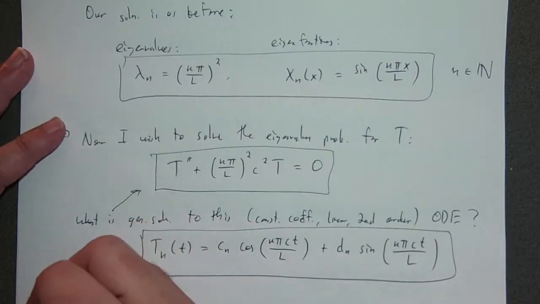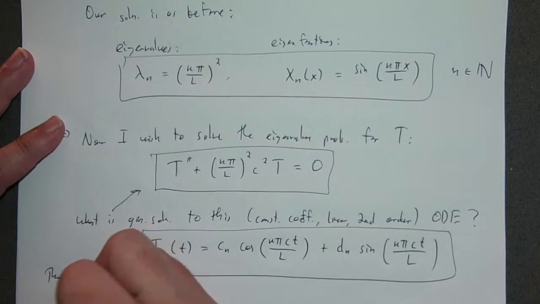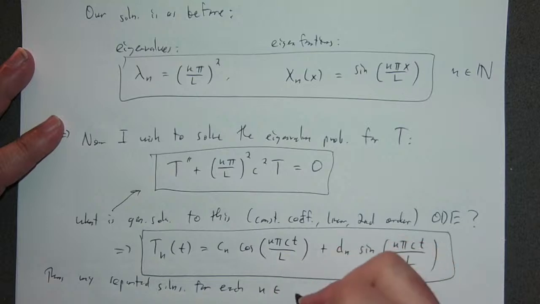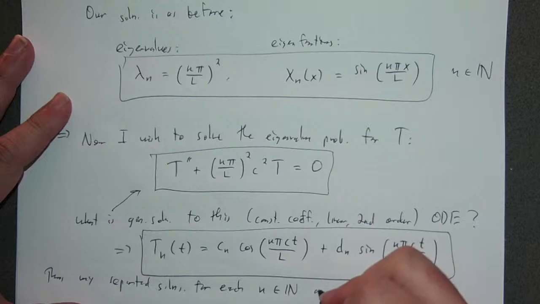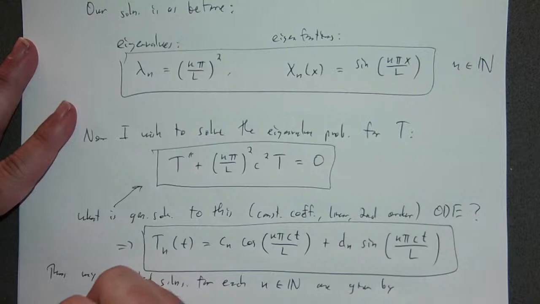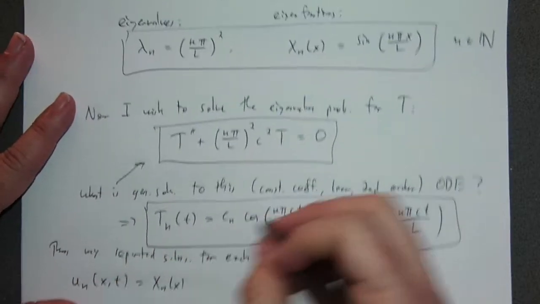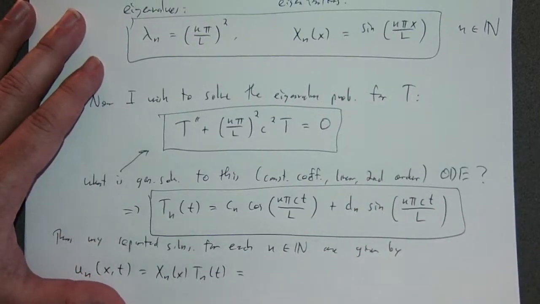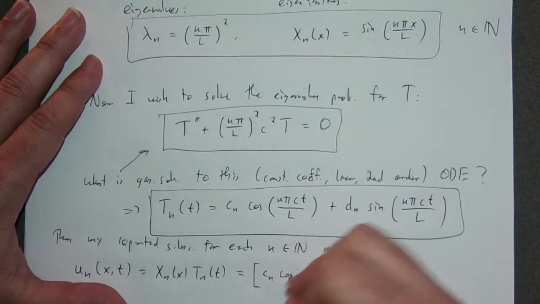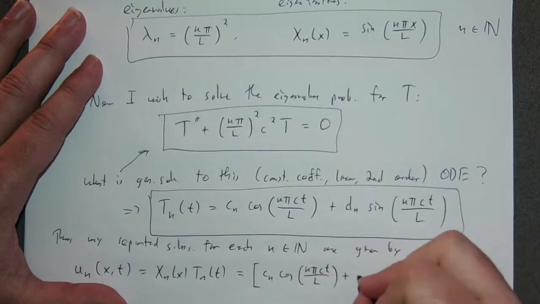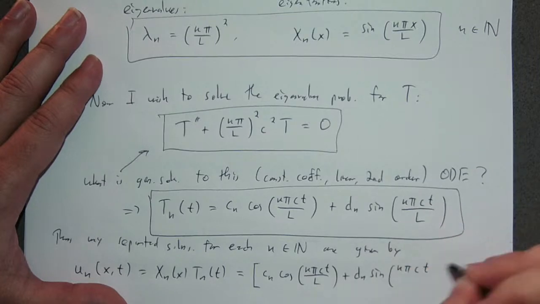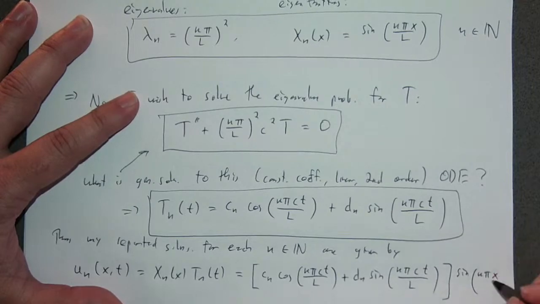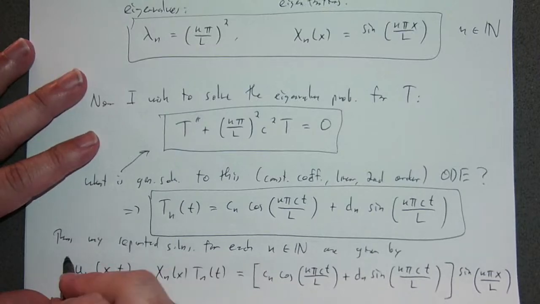And so now my separated solutions for each n are given by u sub n of x, t, which is x sub n of x times t sub n of t. x sub n is here, t sub n is here, so this is going to be c sub n cosine of n pi ct over L plus d sub n sine of n pi ct over L, times x sub n, which is sine of n pi x over L. So for each n, these are my separated solutions.